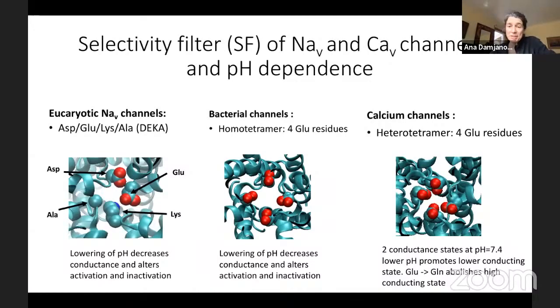And there were experiments that showed there are two conductive states at pH 7.4, so at physiological pH, and that mutating one of these glus to glutamine abolishes the high conductance state. So the interpretation is that higher conductance states correspond to more deprotonated state of the selectivity filter, and just protonation of one will result in lower conductance state.